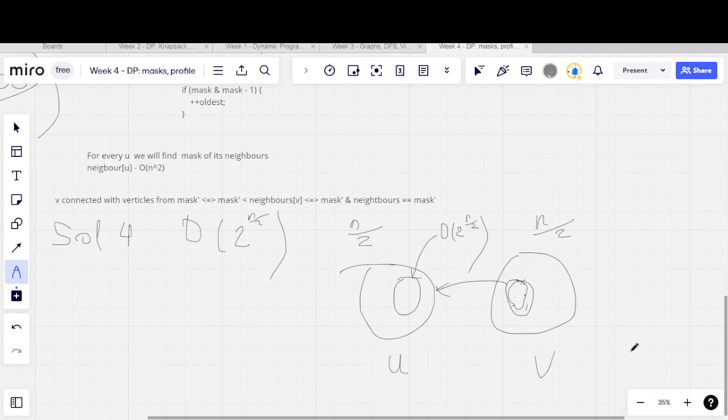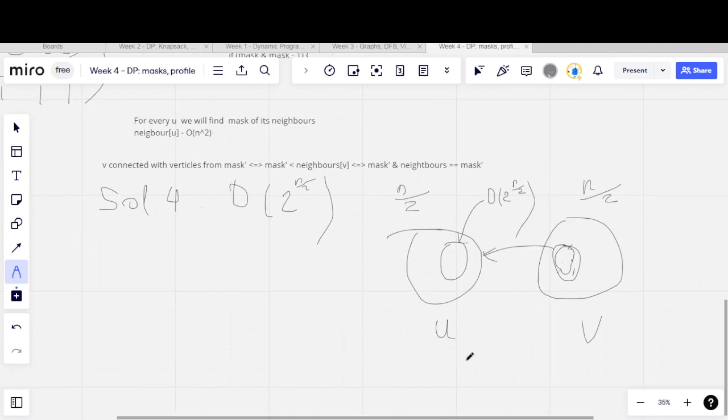So this is all the idea of how to calculate. I mean, we calculate the pair for this, and the pair for graph V.